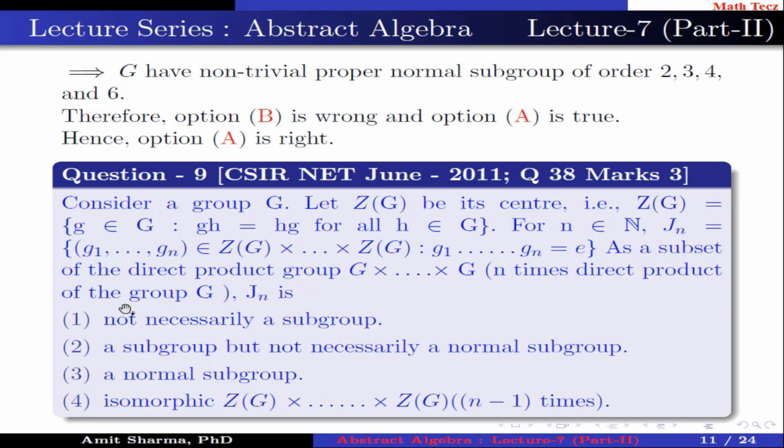Then Jn is: option 1, not necessarily a subgroup; option 2, a subgroup but not necessarily a normal subgroup; option 3, a normal subgroup; option 4, isomorphic to Z(G) cross Z(G) up to cross Z(G) n minus 1 times.